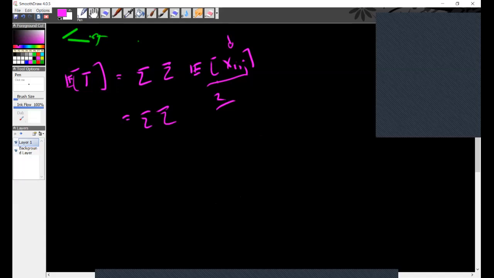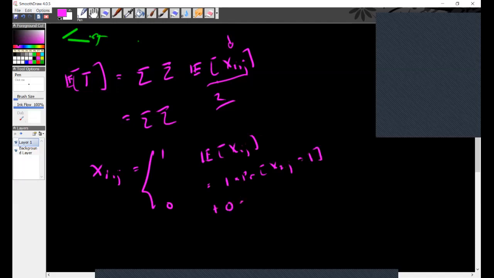Because Xij here is either 1 or 0. So E of Xij is 1 times the probability that Xij is equal to 1, plus 0 times the probability that Xij is equal to 0.